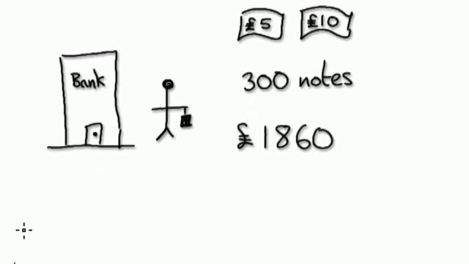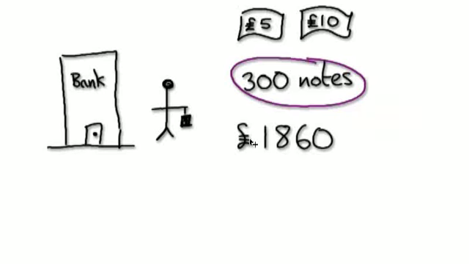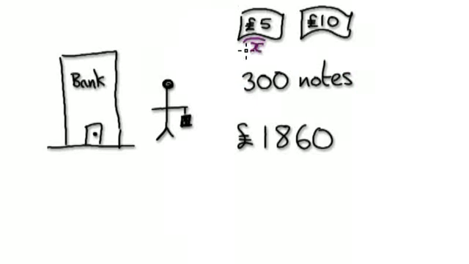Okay, first translate this problem into two simultaneous equations. You're told that there are 300 notes altogether. So let's call this x. x represents the number of £5 notes. It's what we want to find out.